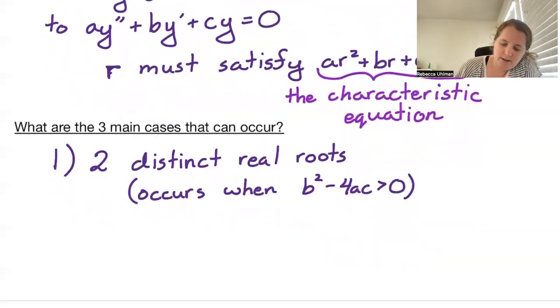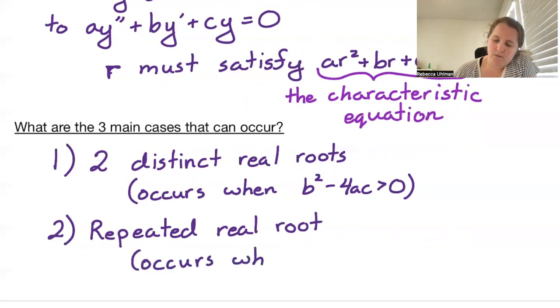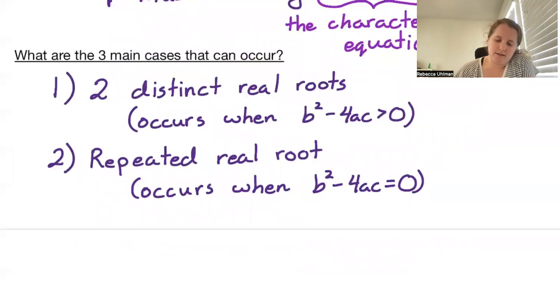Our next case is we have a repeated real root. This occurs when b squared minus 4ac equals 0. And then our last case would be if we have complex conjugate roots.